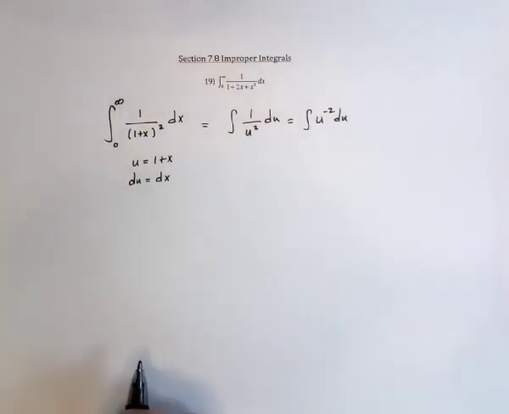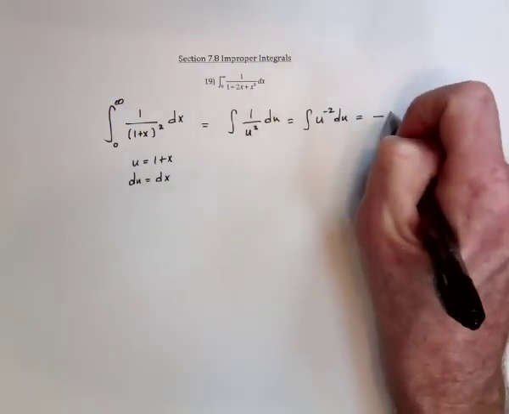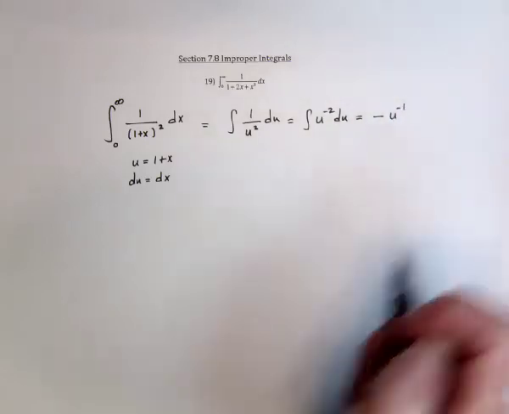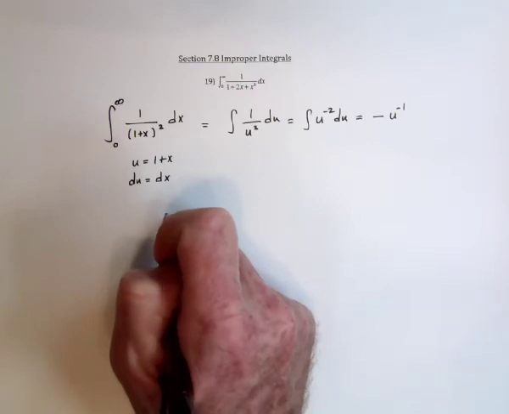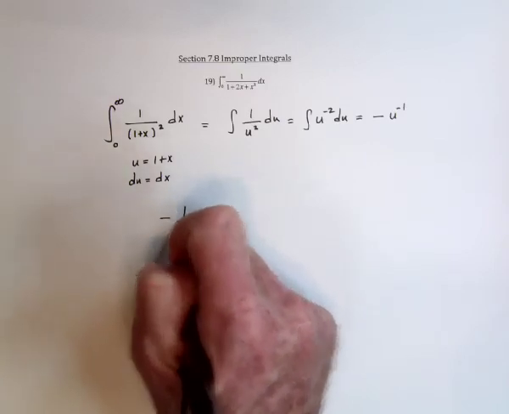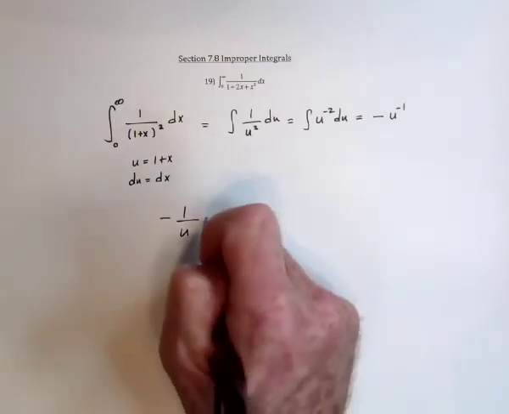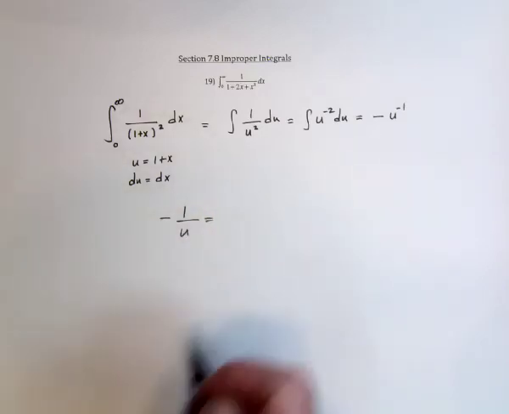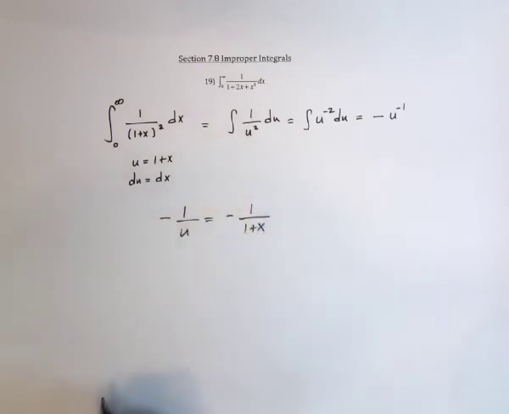So if you add 1, that's going to make the exponent a negative 1. You then have to divide by that negative 1. So we've got negative u to the negative 1. Or in other words, don't leave negative exponents, so that's going to be negative 1 over u, and then replace u with 1 plus x.